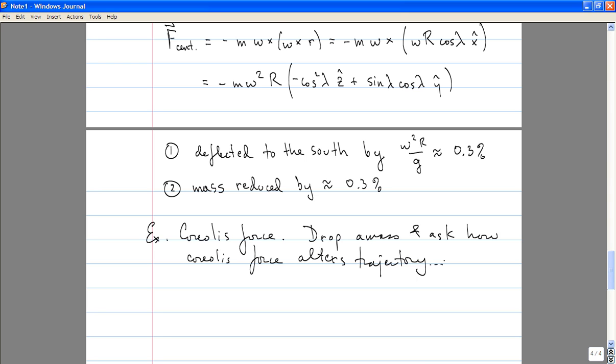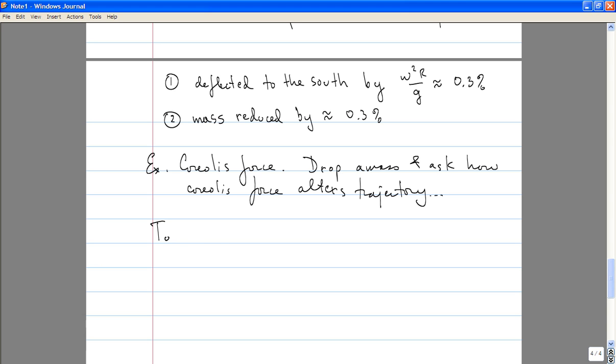The Coriolis force is going to be very small compared to the force on this object due to gravity. So to lowest order, the velocity of this falling object will just be its velocity in the absence of the Coriolis force, so it'll be minus gt times z hat.